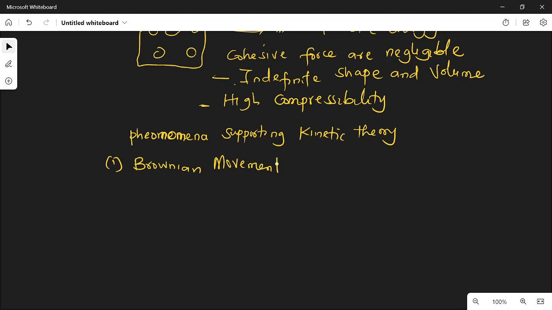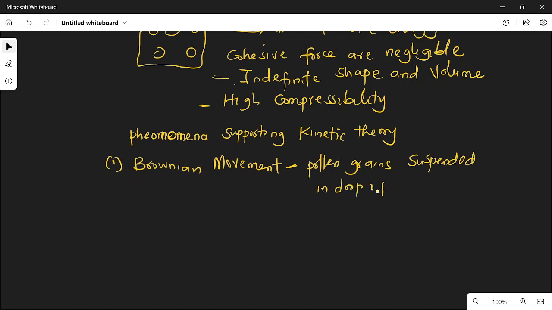That experiment was carried out by a botanist whose name is Brown. What he did was examine pollen grains suspended in a drop of water.